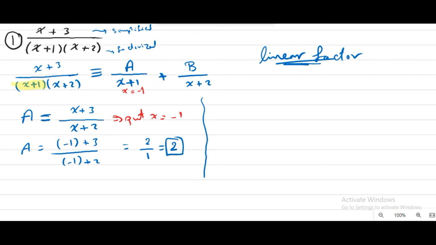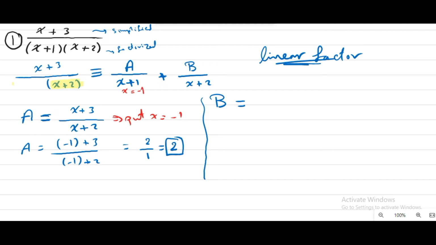The same with letter B. The denominator of letter B is linear, so we can say B equals, and we cover this denominator from the big one. Here it's already x + 1, so this one will be covered and this one will be the same.